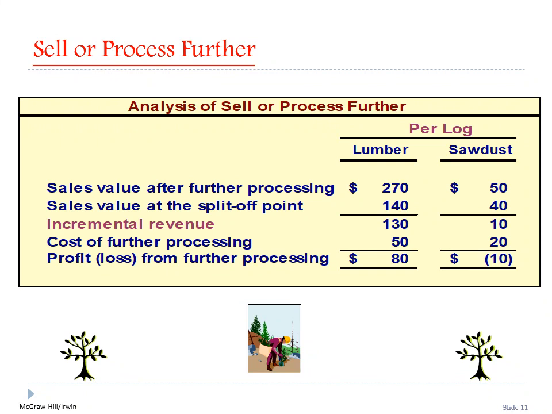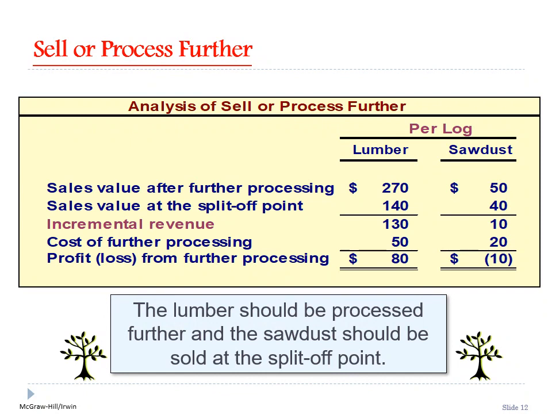تمام. Let's see the details in the next slide. هنا بيوضح الكلام اللي احنا قلناه. The lumber should be proceed further and the sawdust should be sold at the split of point. تمام. ليه اللومبر هنجري عليه عمليات ونبيعه بسعر أعلى؟ علشان it will add to the company profit equal $80 per log. وليه هنبيع sawdust at the split of point?